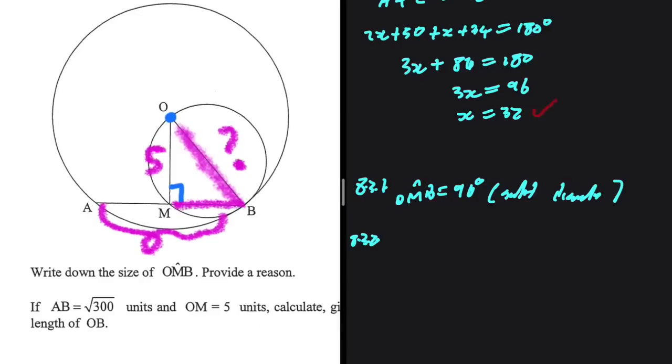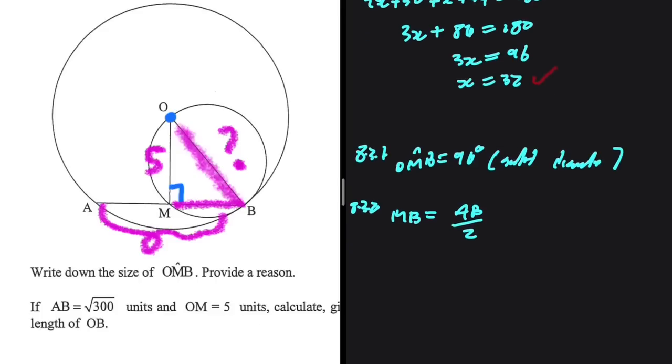Let me show you how we can find the length of MB. MB is equal to AB divided by 2. That is because if OMB is indeed 90, then that means OM bisects AB. Theorem 1. So we know that MB is equal to square root of 300 divided by 2.